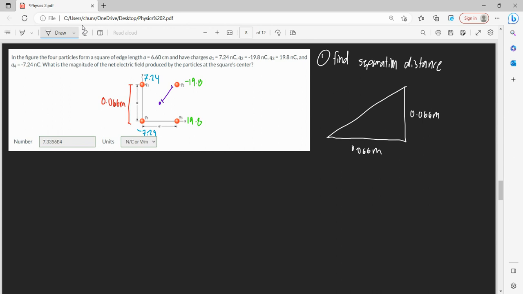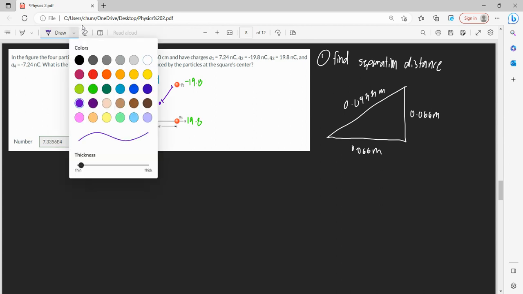So now we need to find this. So this is 0.0933 meters.